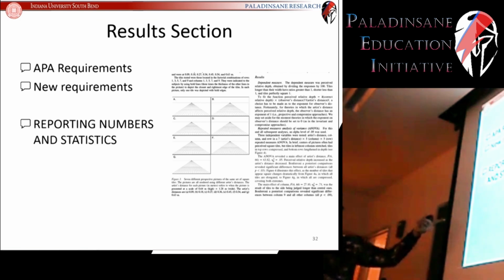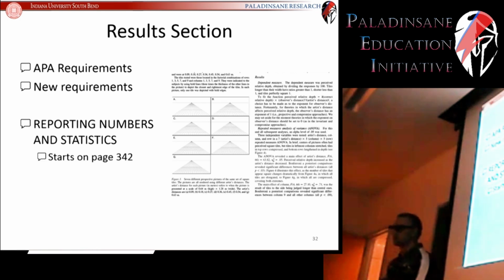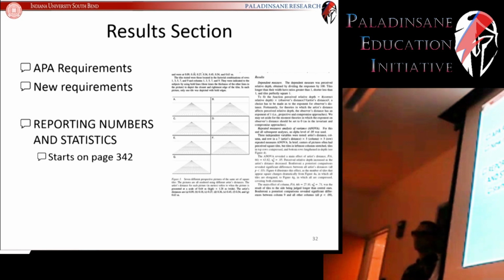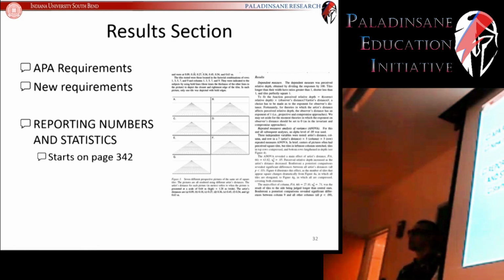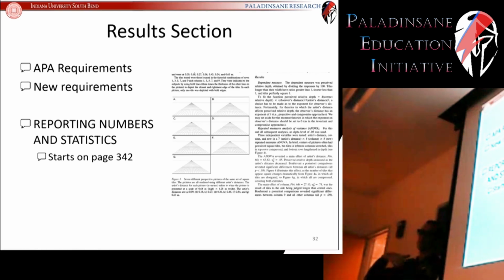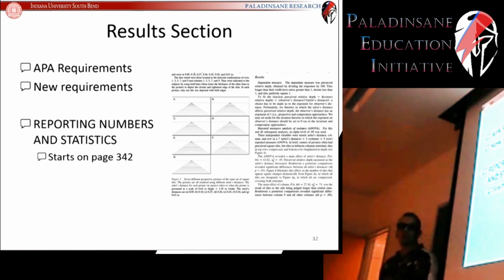So reporting numbers and statistics, this is actually going to be the one that is more relevant. We're going to report statistical terms. We're going to report p-values and F-statistics and means. We're going to report numbers. We're going to report percent recall. We're going to report, again, the p-values and the F-statistics.